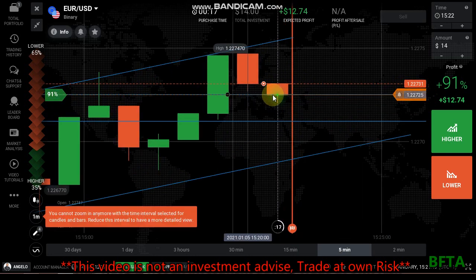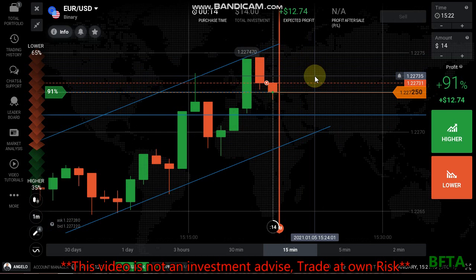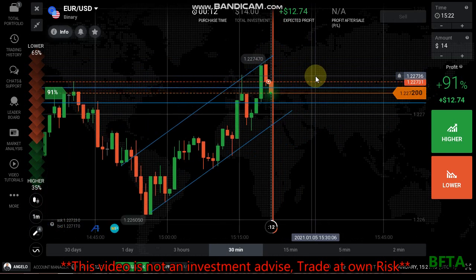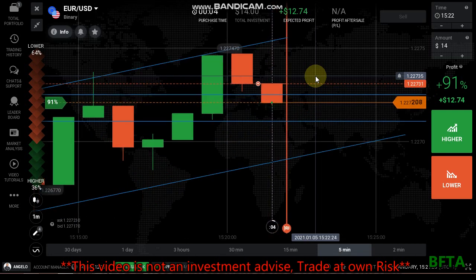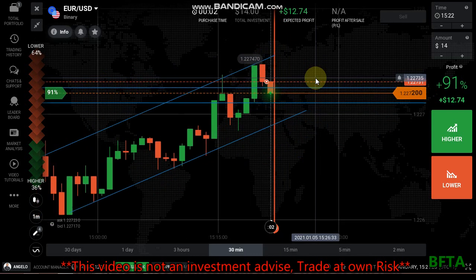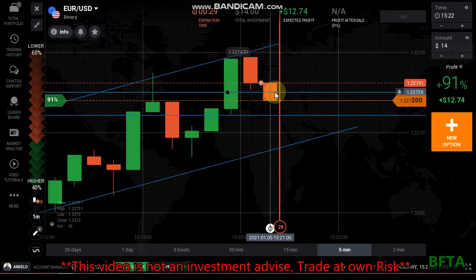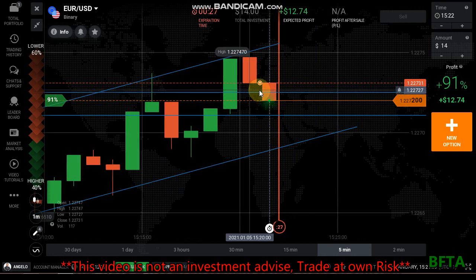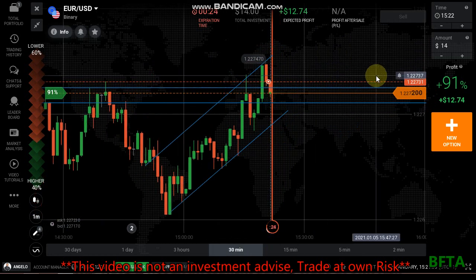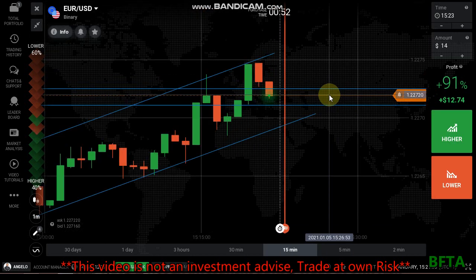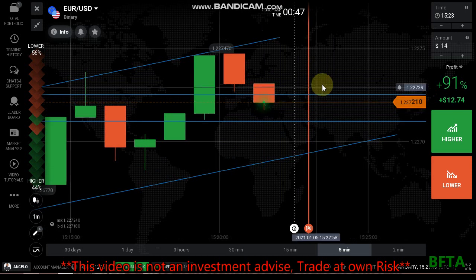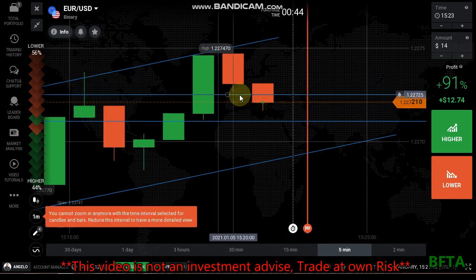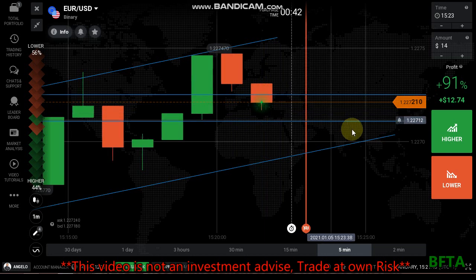So even though the sellers will cross this line, buyers are still going to enter again. Now it is likely to cross this line. Now it has crossed this line, so buyers are going to enter again, and that will be my last trade. I can see some rejection from buyers, meaning that there are some buyers at this area.